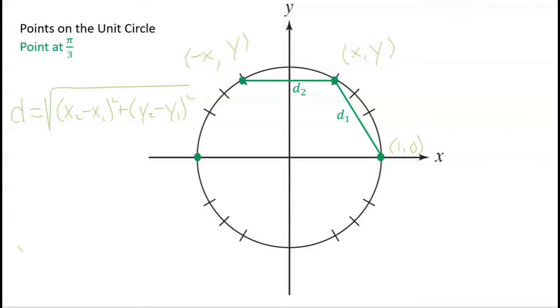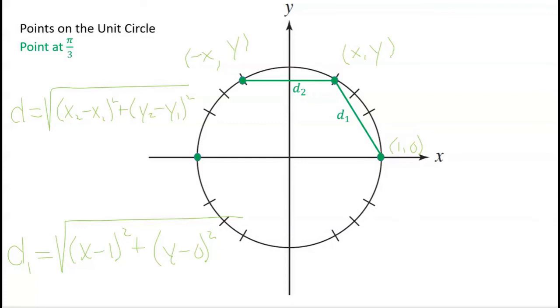Okay, so let's write down D1. I'm going to do this twice. So D1 is going to be, from my picture, just like it says, subtract the x's and square. So that's (x minus 1) squared, and then plus, using the distance formula, subtract the y's and square. So (y minus 0) squared.